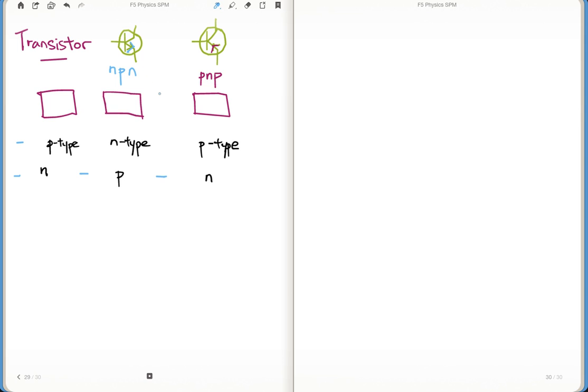First, you should recognize the symbol by the base. The one with a line is called the base. The one without a line is called the collector. The one with an arrow, on either side, is called the emitter.